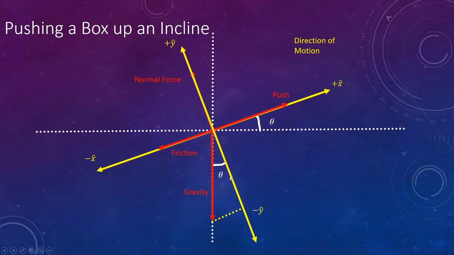And if you want the y component of gravity in this coordinate system, the y component of gravity is the adjacent side of this angle. So for the y component of gravity, you're going to use the cosine, and the x component of gravity in this coordinate system is the opposite side of the angle.